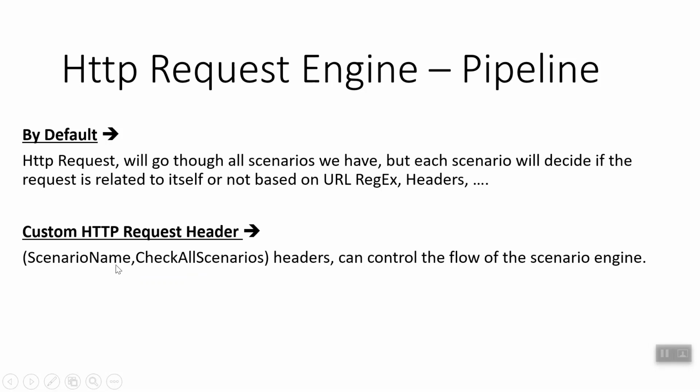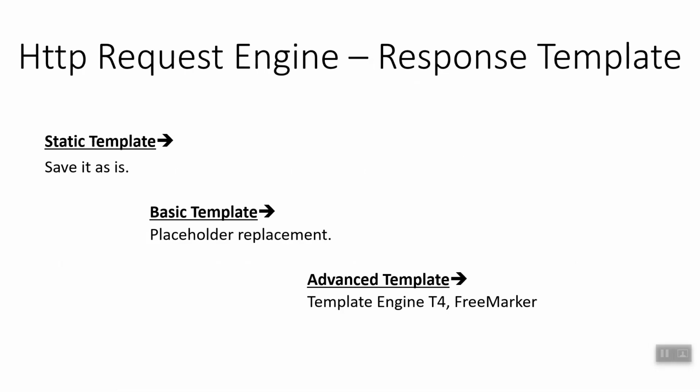If this request header contains a value with a specific name, I will hit only this scenario, and check all scenarios is like a flag to say whether I want to check all the scenarios or not.